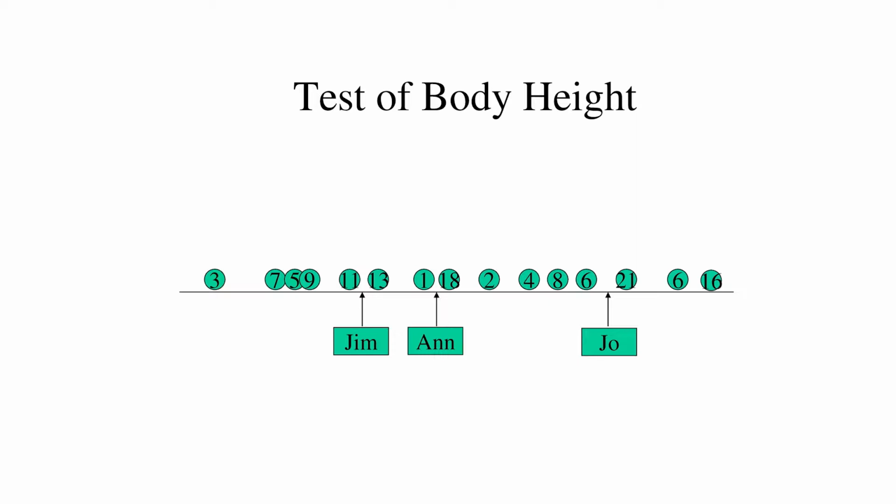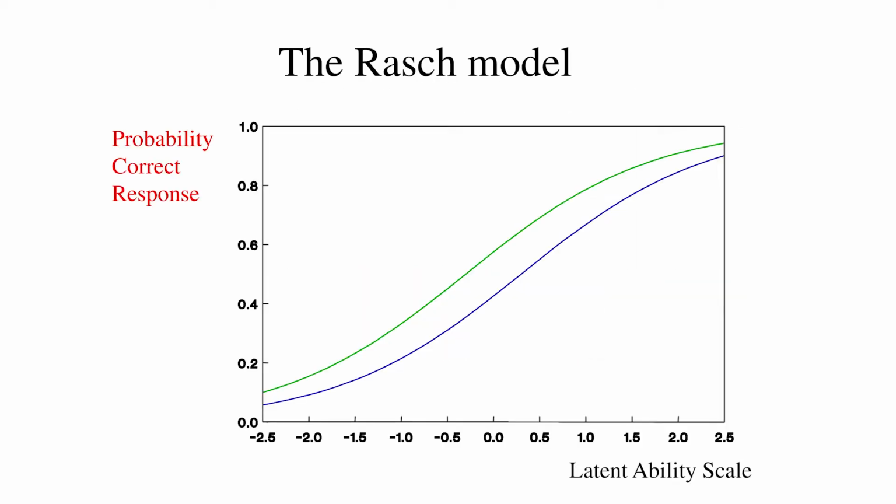There the probability is lower than 50%. And N is a little bit longer, so N dominates a couple more items, and Joe is the longest because he has, for instance, a 50% probability of saying yes to item 6, but not to item 21, 6, or 16. So this is the Rasch model.